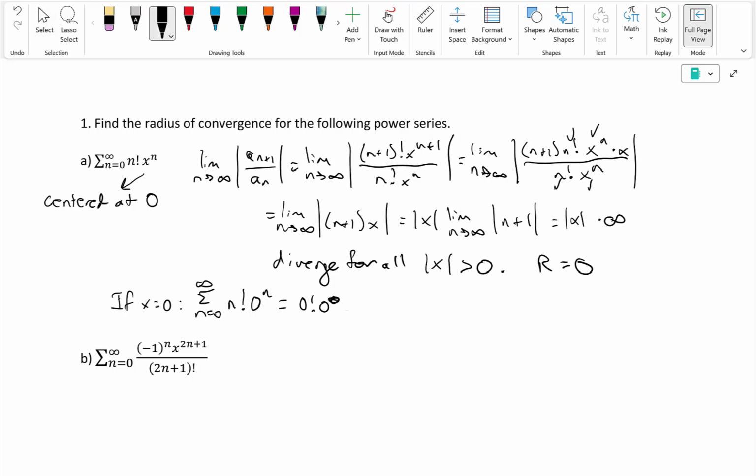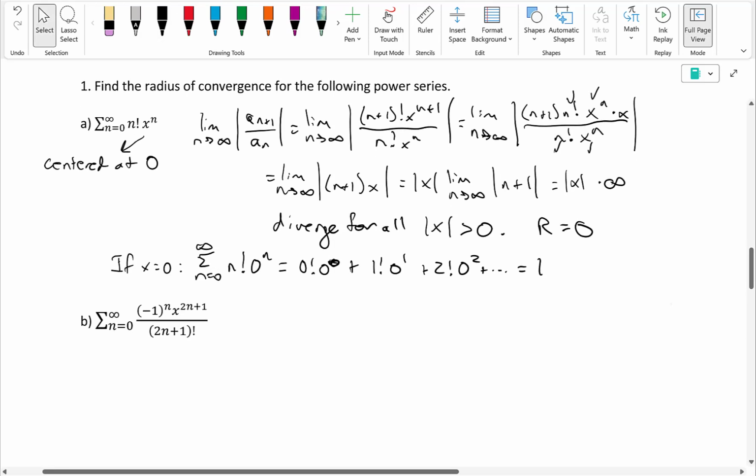Plus we'd get 1 factorial times 0 to the first, plus 2 factorial times 0 squared. Right, so all those other terms are 0, but the first one would just be 1. So we get a sum, which means we're convergent at the center. But no other values work, so our radius of convergence is 0.